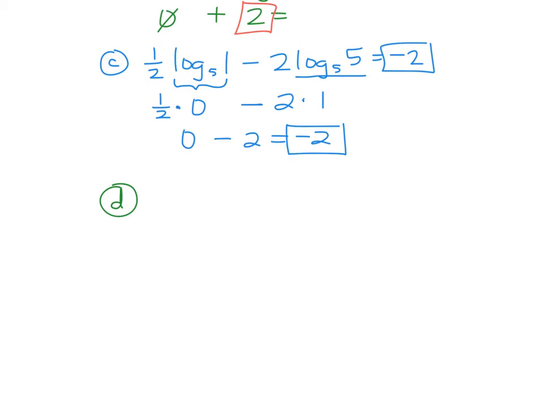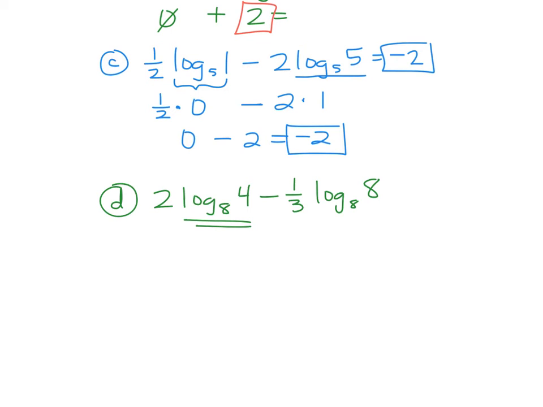Letter D, last one of these. 2 log base 8 of 4 minus 1/3 log base 8 of 8. Okay. If you remember how to do this, it's definitely not like one that comes to people easily, but some of you, maybe it does come to you easily.